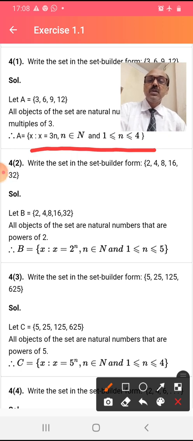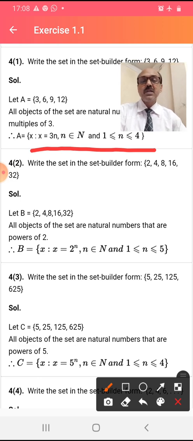Because 3 into 1 is 3, 3 into 2 is 6, between 1 to 4. The maximum is 4, so up to 4, that means 3 into 4 is 12. So its set builder form is: x within set brackets, x such that x equal to 3n, comma, n belongs to capital N and 1 less than or equal to n less than or equal to 4. Okay.